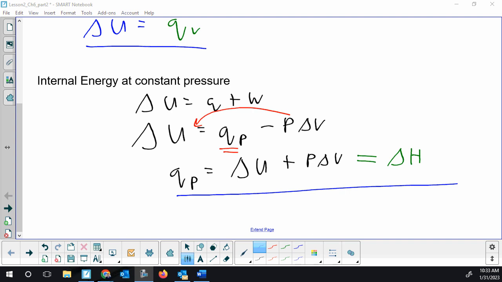Okay. So let's compare. We're going to compare internal energy versus enthalpy change. Work is our difference. We're going to be back to doing some work calculations.